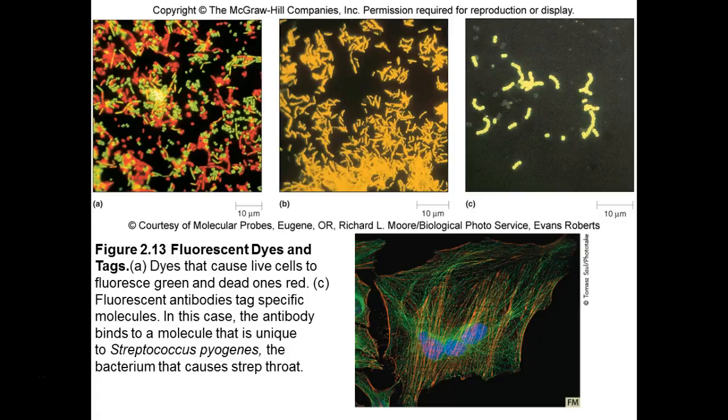This is becoming more and more popular in research, to be able to visualize specific components. So there you can see the individual protein fibers within this cell because they've been labeled with a green fluorescent dye.